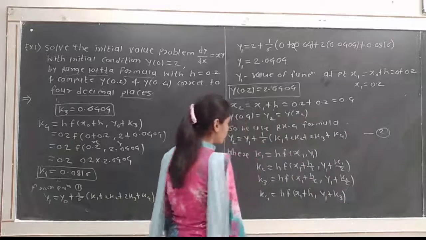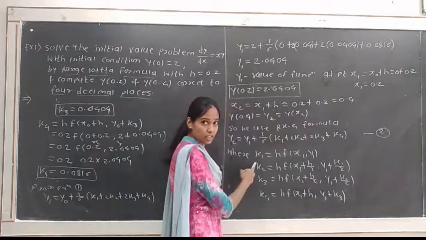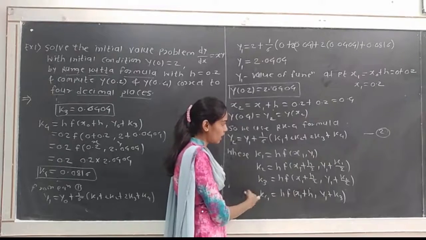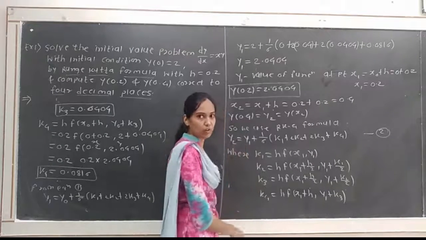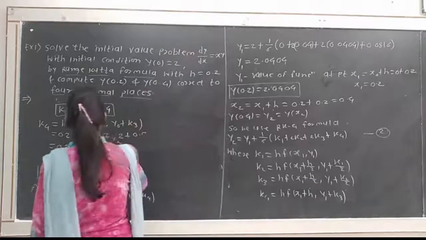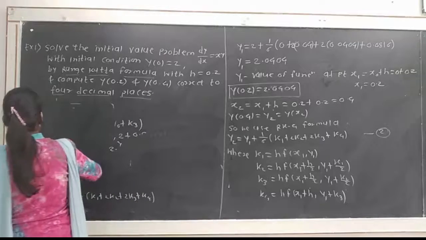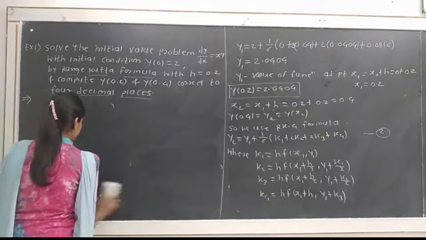So here we have to first calculate k1, k2, k3, k4 and put them in this to get y2, that is y of 0.4.